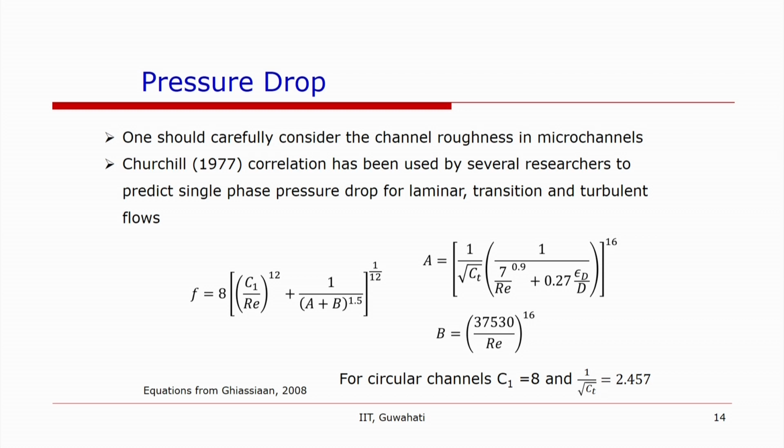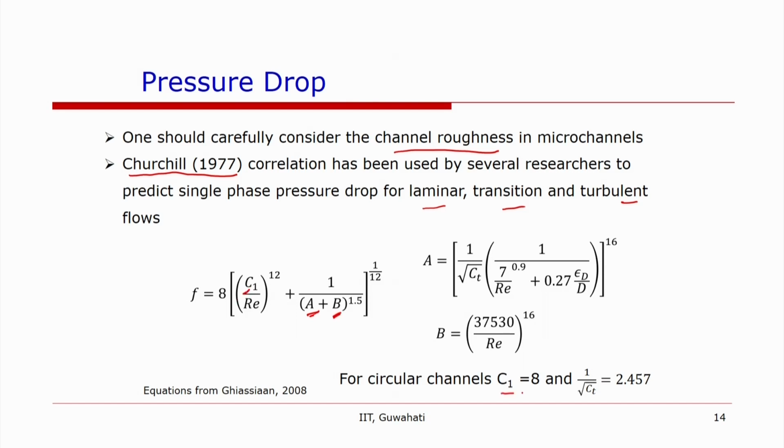Now, because, as we just talked about, the roughness might be important, a correlation which has been used by several researchers to predict single phase pressure drop for laminar, transition and turbulent, so basically all the flow regimes for single phase flow, taking into account the roughness of the channel, is called Churchill's correlation, and it has F is equal to 8. In this there are two constants, as you can see, A and B plus C1.